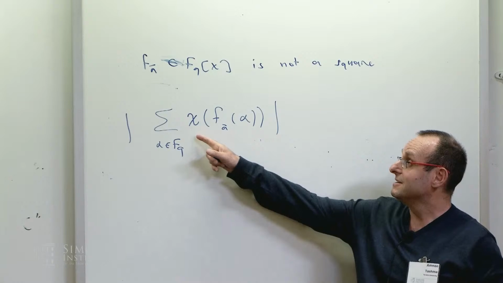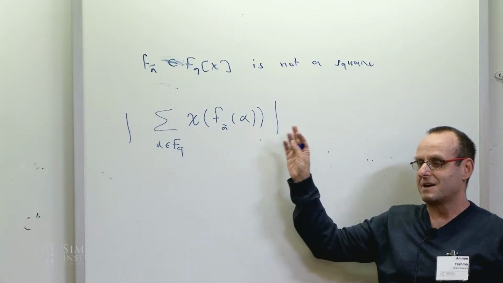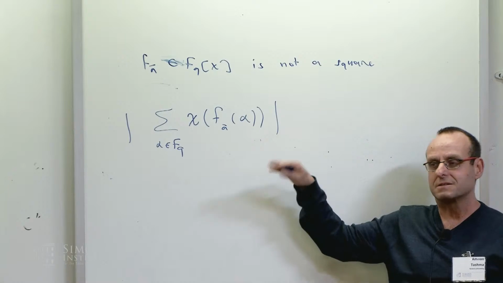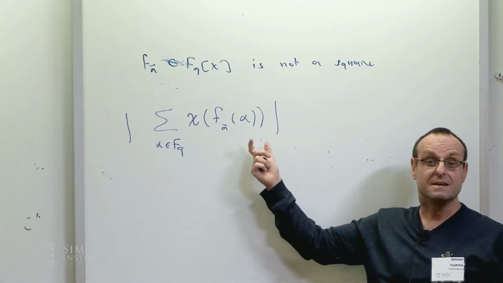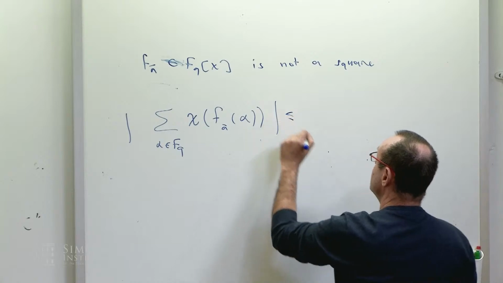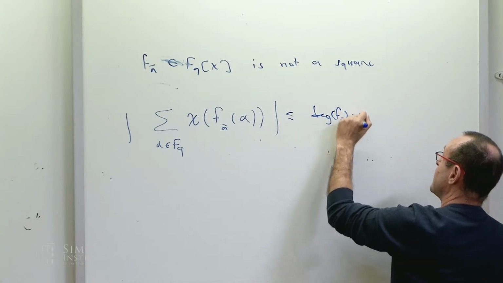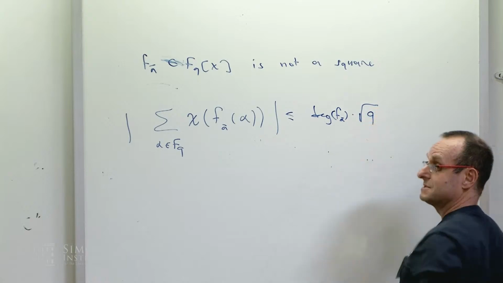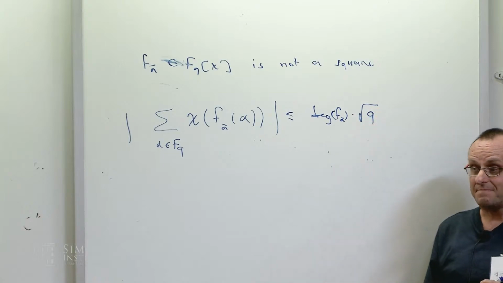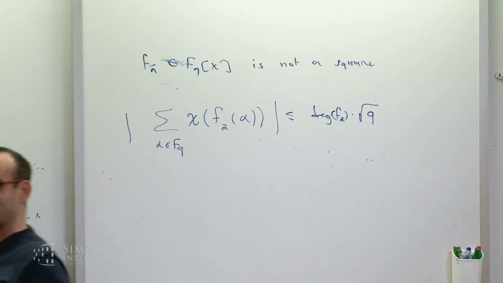If we add up chi of f of alpha, I remind you that it's 1 if it's a square, minus 1 if it's not a square, this is the difference between the number of squares and non-squares. This difference is small. It's smaller than the degree of f times root the number of points. Because in our case f is not a square, we can apply the theorem.